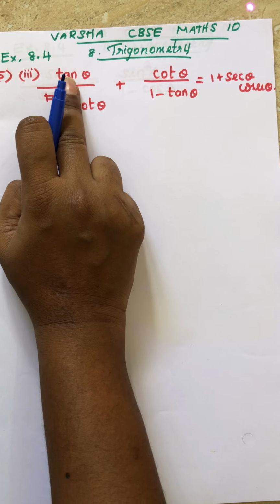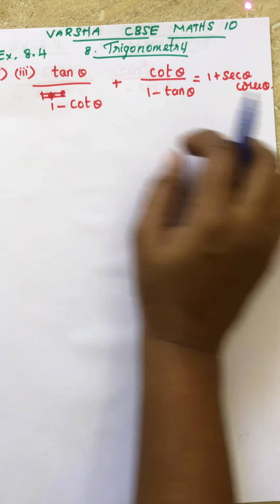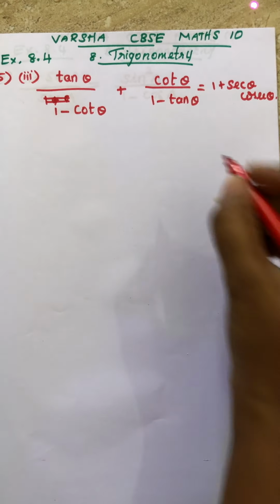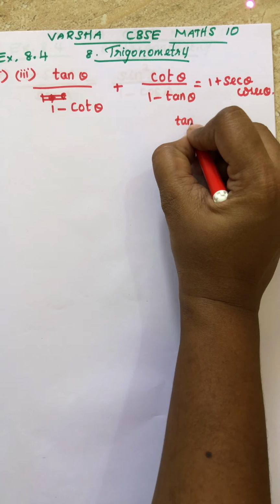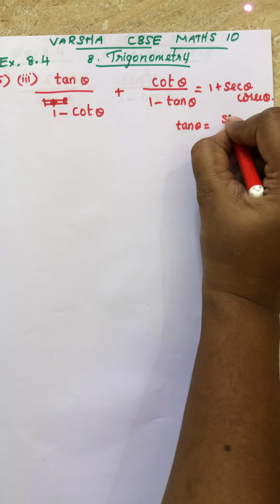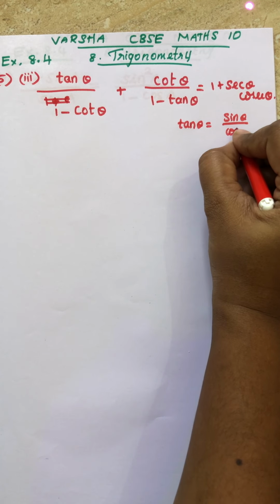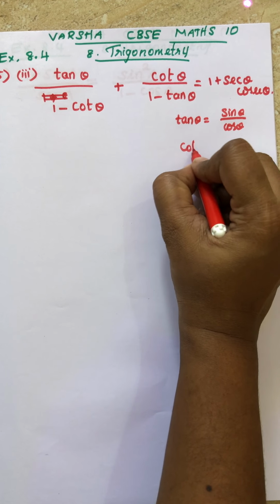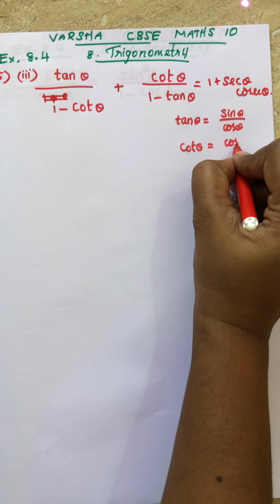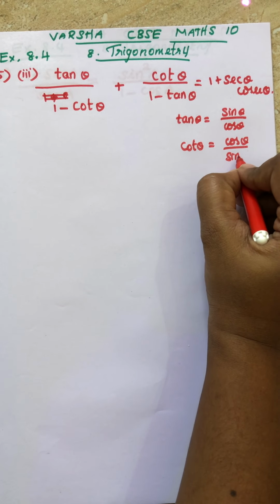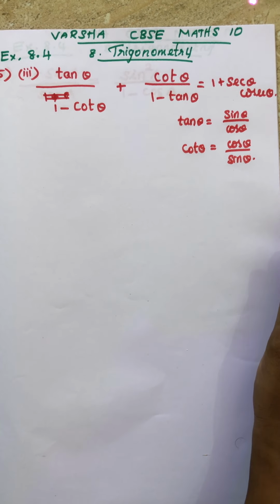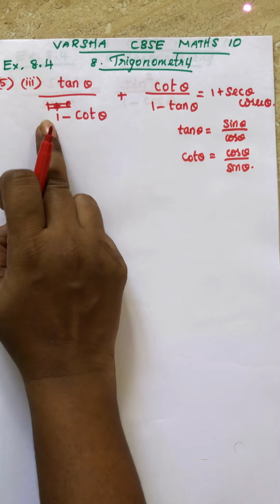Tan theta is equal to sine by cos, and cot theta is equal to cos by sine. This is what we are going to substitute here.